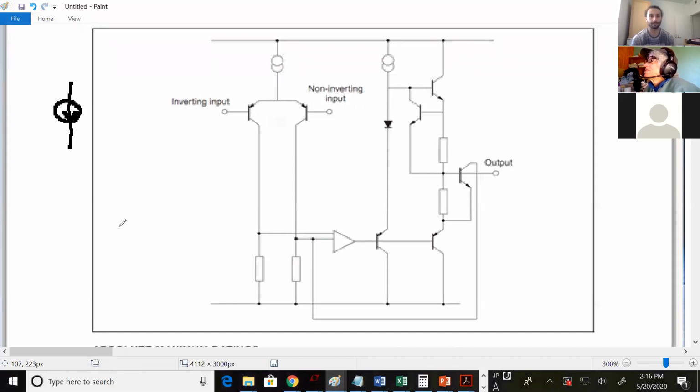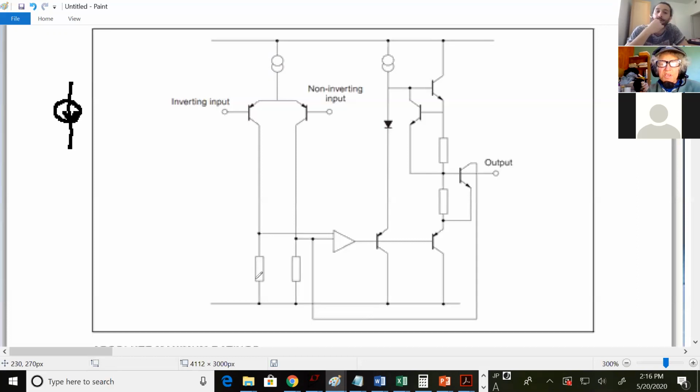So that is shorthand for what? Think Lab 2. Current mirror? Current mirror. Yeah, so this is just shorthand. It's just trying to make the schematic a little prettier.